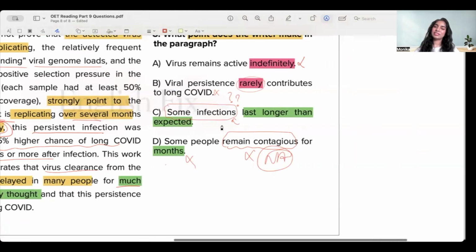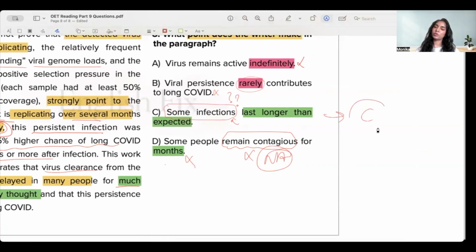So even with that slight confusion, I still know that C is going to be my correct answer because with 100% confidence, I have eliminated A, B, and D. So my slight confusion about C does not matter when I know for a fact that the other answer options are wrong.